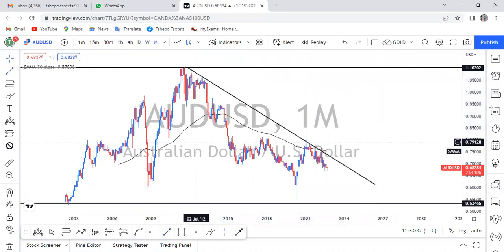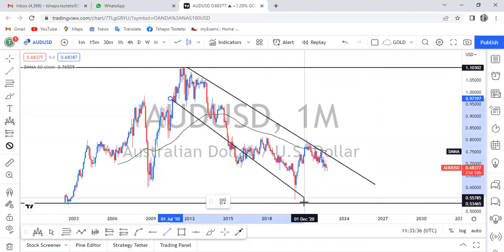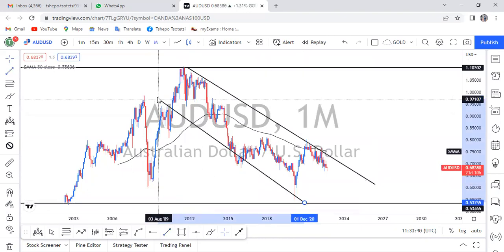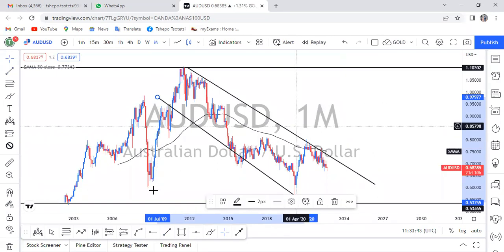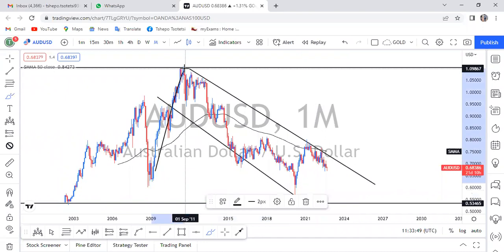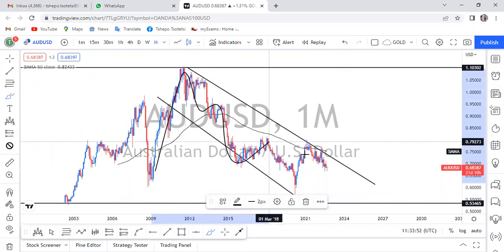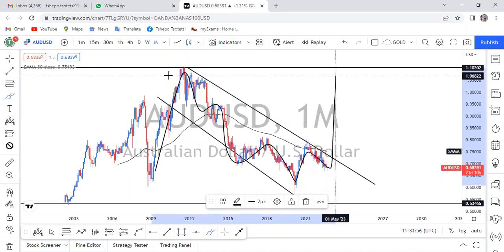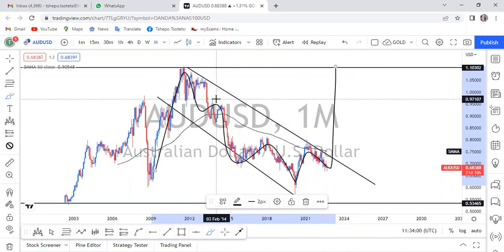Will it be a scalp, a swing trade, or a position trade? To know, you check: this was an impulse, this is a correction. What do we expect? We expect continuation. So this is going to be a swing trade.